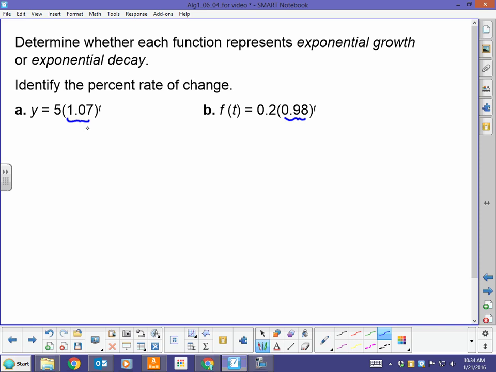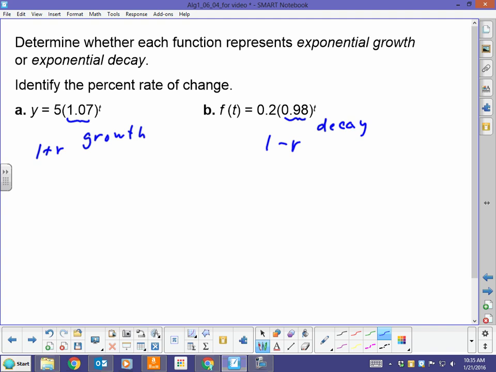If this factor is greater than 1, remember that the growth factor was 1 plus r, so if it's greater than 1, this is growth. This one's less than 1. Remember that for decay, it was 1 minus r. So this is going to be decay.